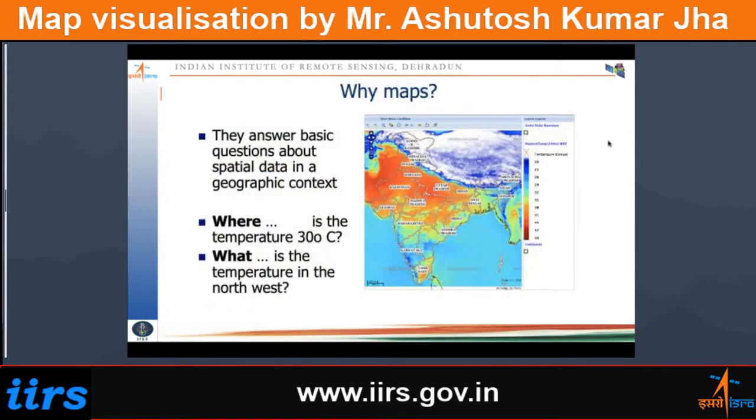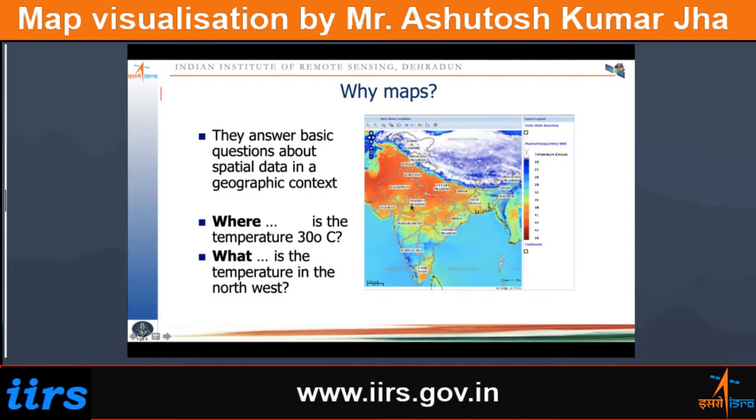If we see the information provided in a map, we look for two important pieces of information: the questions where and what. To represent this information, let's say in this example, we are simply asking where the 30-degree temperature is. It means all the places you see in the greenish area are the places where the temperature is 30 degrees centigrade. So we can find out in which areas it is available.